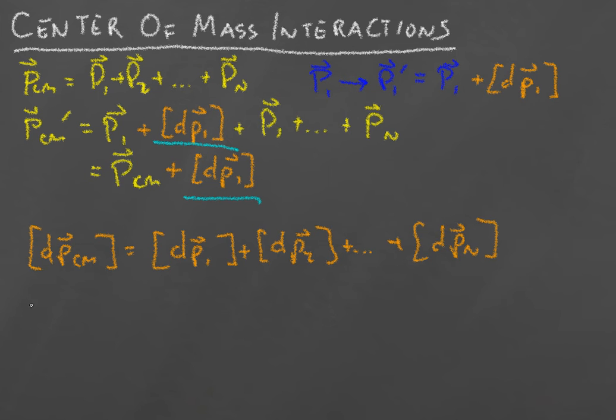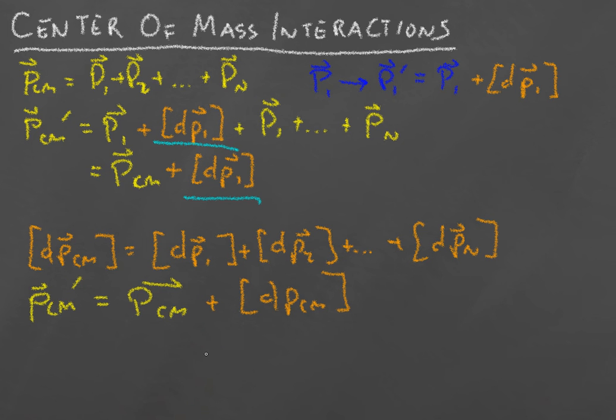Well, once again, the new center of mass momentum is just equal to the initial center of mass momentum plus the center of mass impulse, which is the sum of all the other impulses.